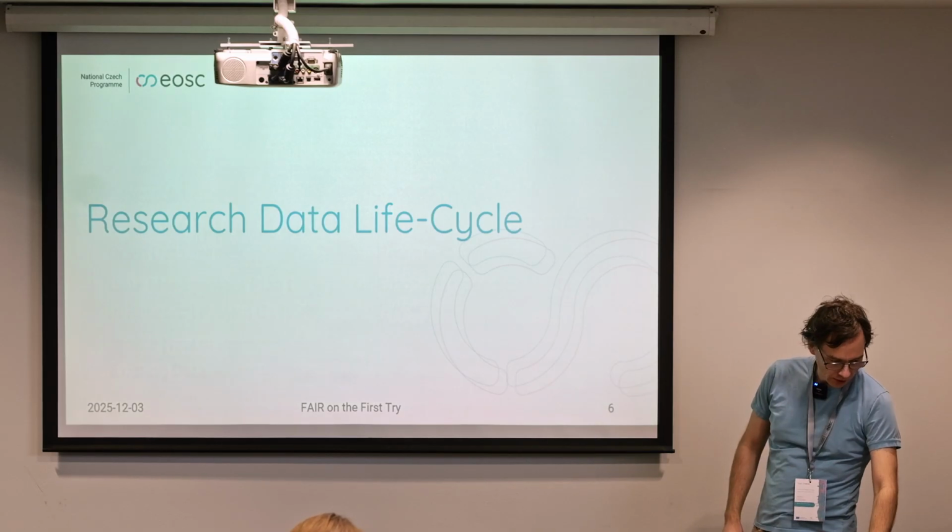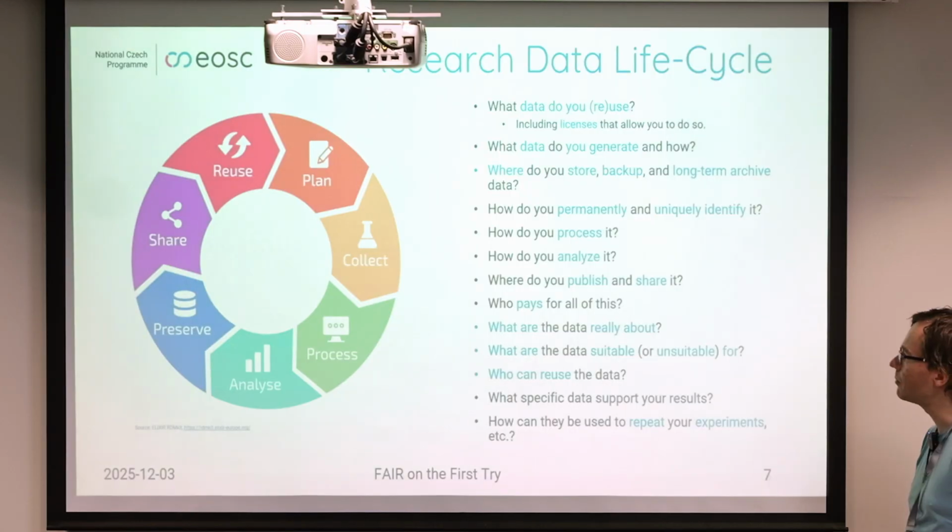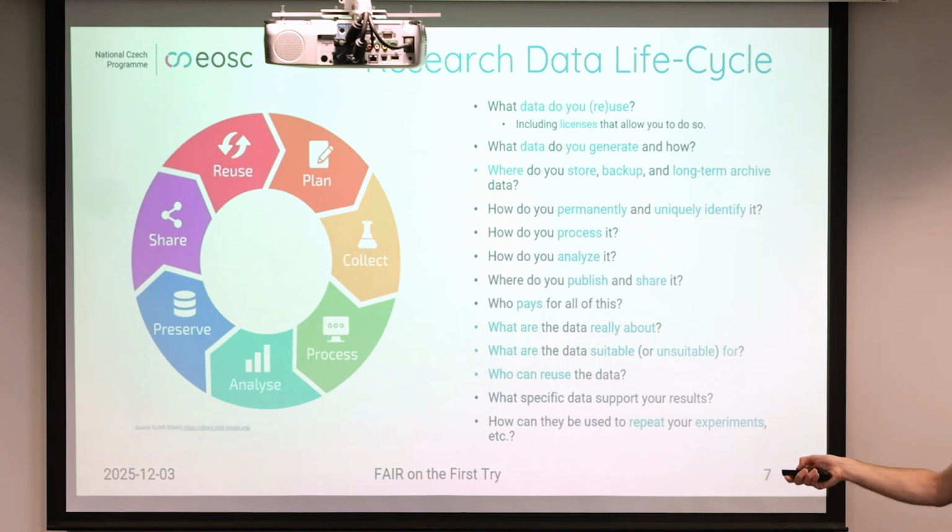So that's the context, and a very important thing is this schema, as we will try in this session to see things related to all parts of this research life cycle.